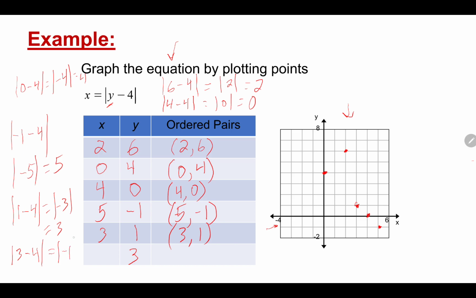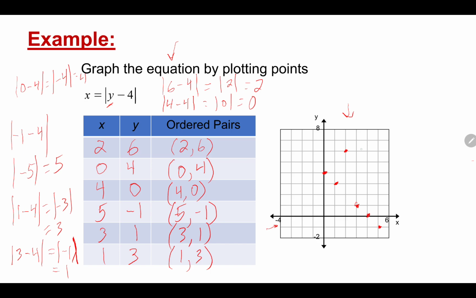Absolute value of negative 1, which is going to equal 1. So we have the point 1, comma 3. So at 1, we're at 3. Now we can kind of see this line forming, these lines.